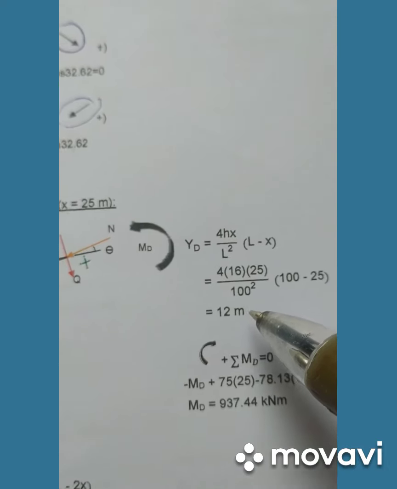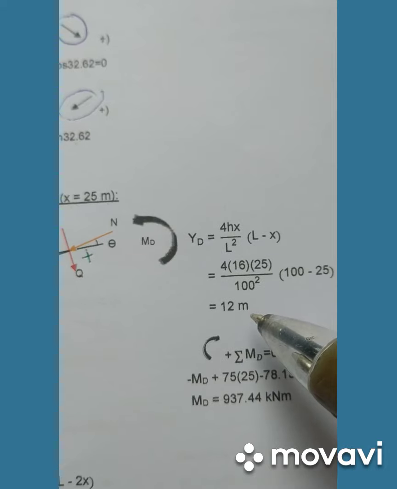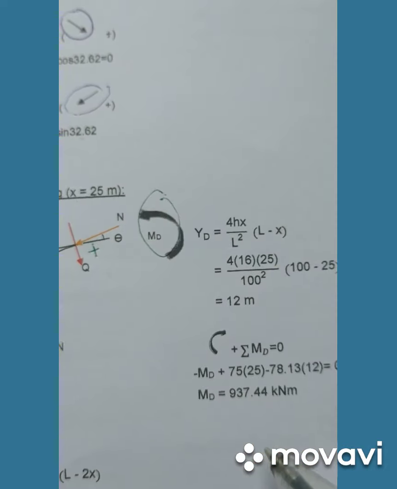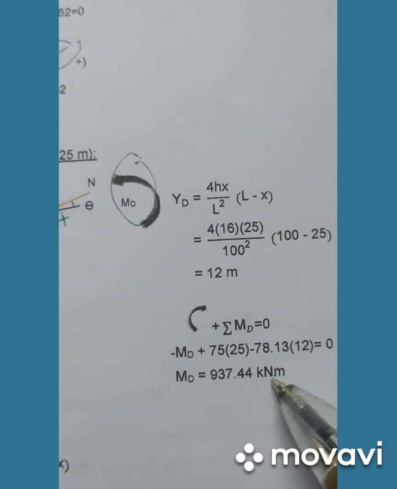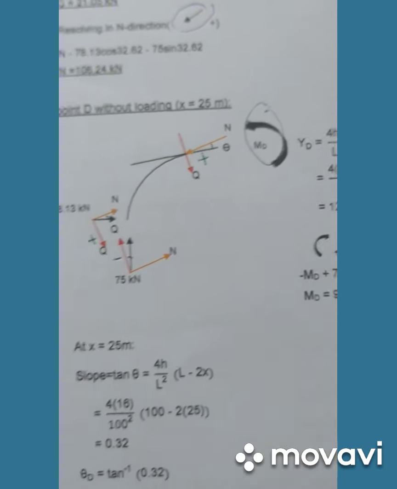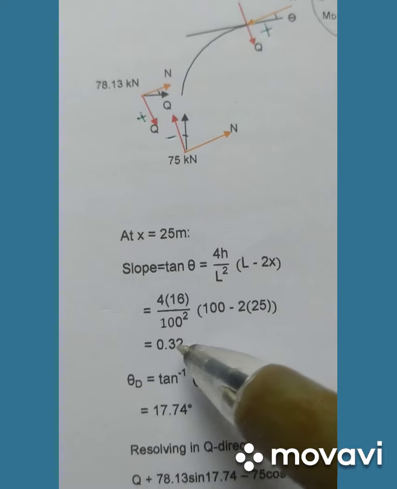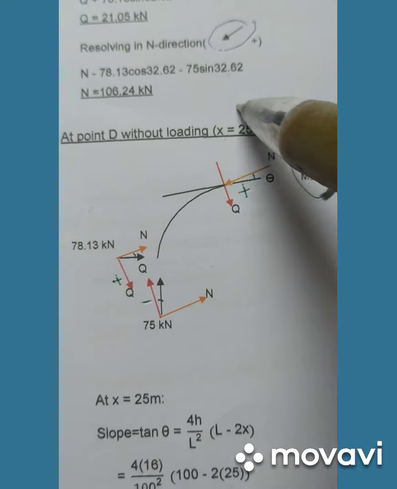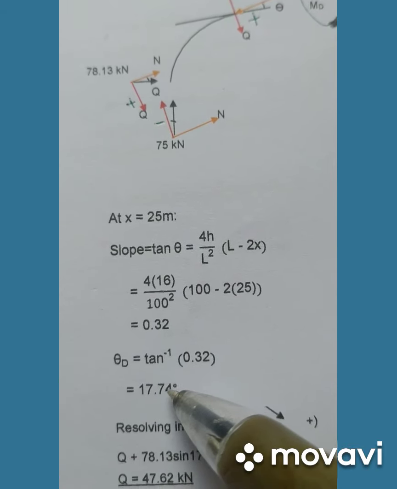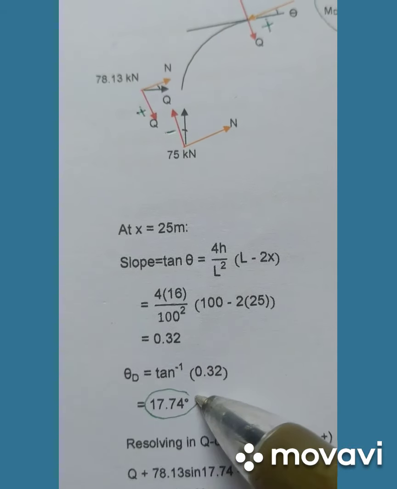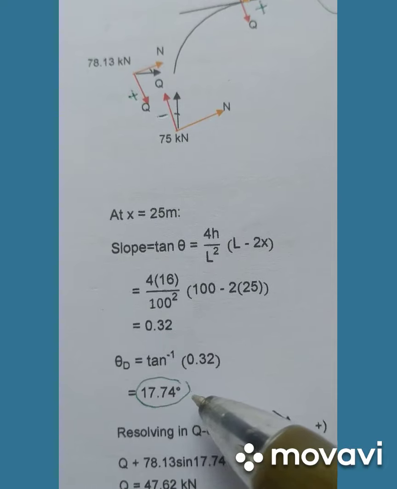We get y is 12 meter. So find out the moment. Moment at D is 937.44 kilonewton meter. And then find out the slope. For the slope we use x equal to 25 meter, and then we get theta is 17.74 degrees.